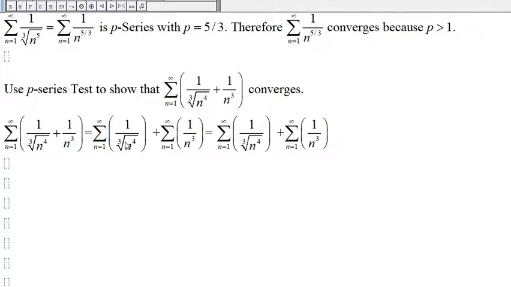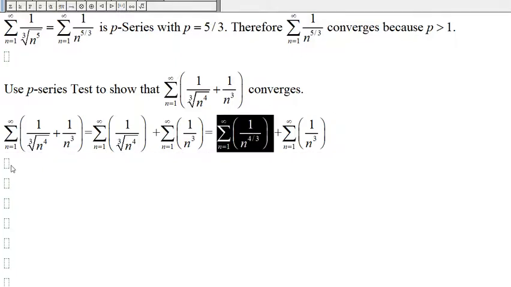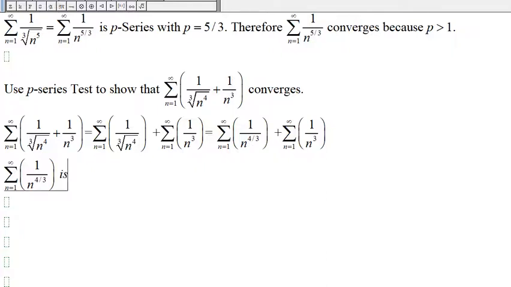This is the third root of n to the fourth. Then if we rewrite it using rational exponent, it'd be n to the 4/3. This is a P series with P of 4/3, which is greater than 1.